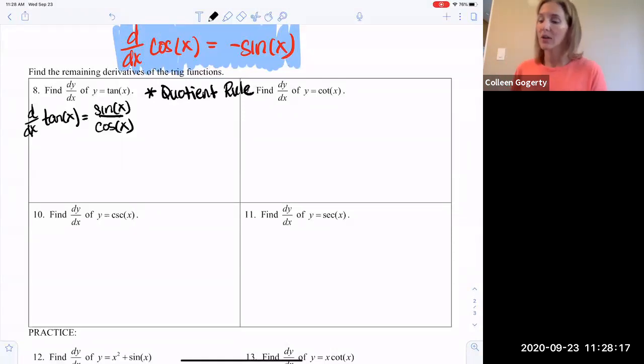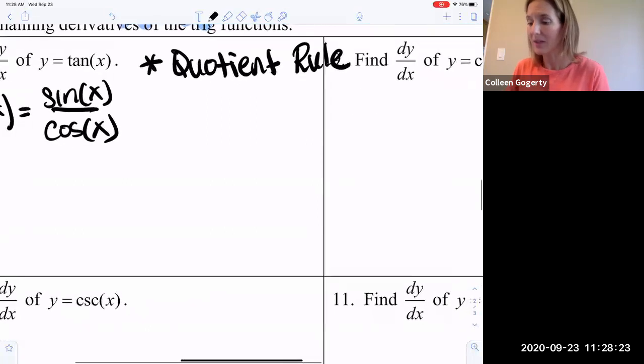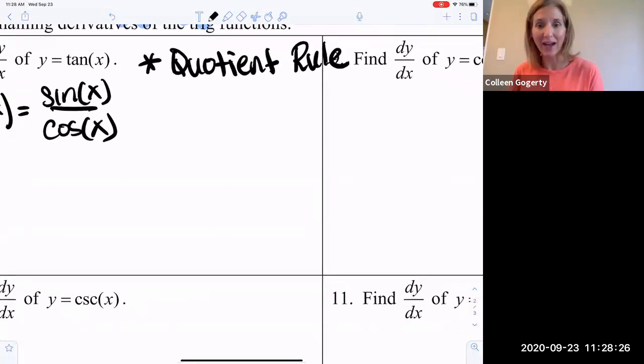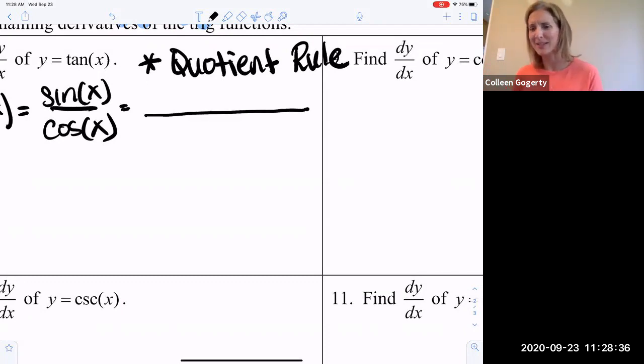Okay? So as I start this off, and I'm going to make this bigger so we have some room in here. I'm going to specifically now look at sine divided by cosine. I'm not looking at it as tangent anymore. As I start writing out this derivative, there's all different ways, like low d high minus high d low, or whatever other trick that we're going to be looking at to help you memorize the rule.